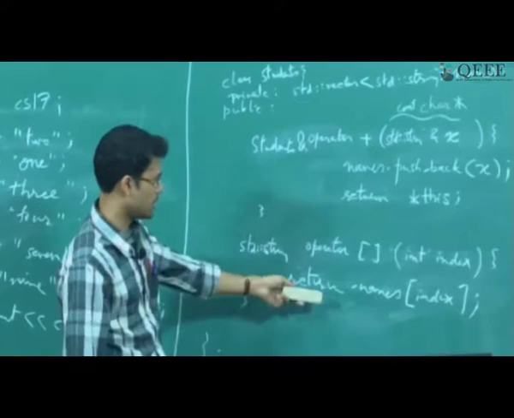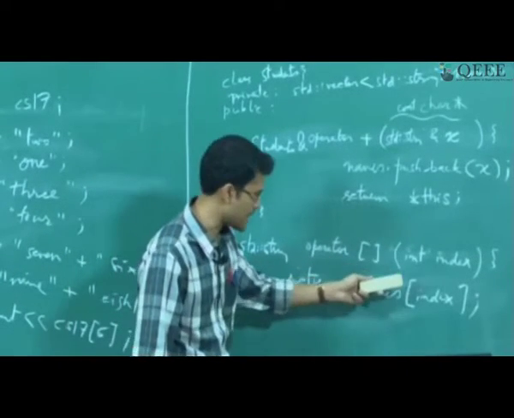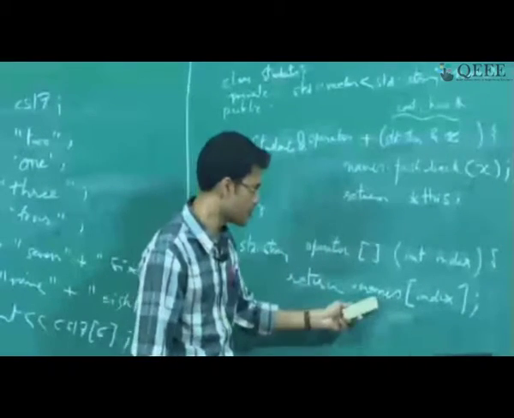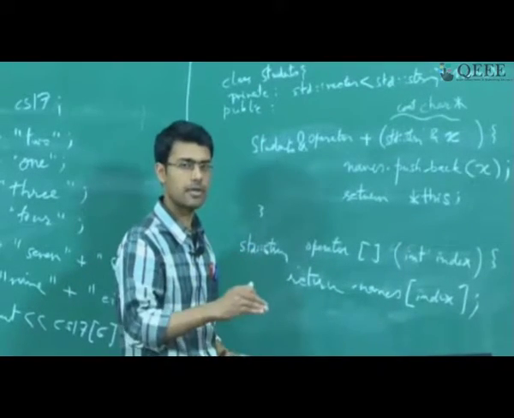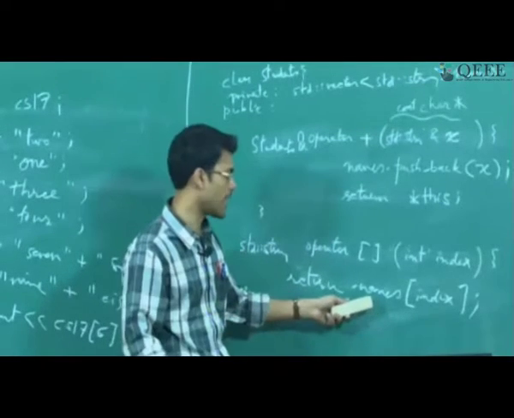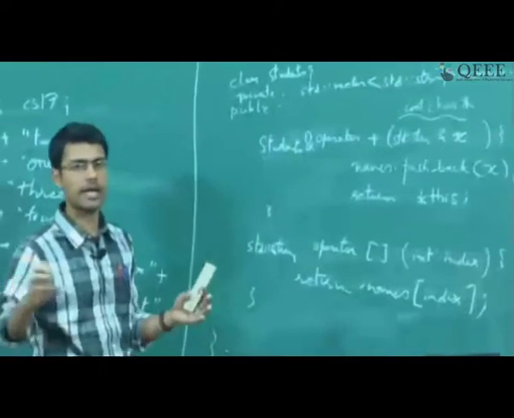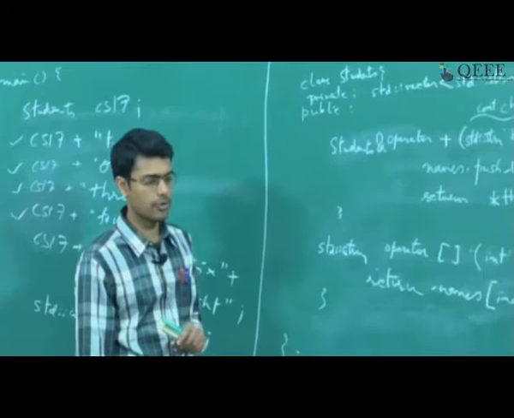Alright, so this subscript operator is going to get translated from student's subscription to vector subscription, which internally in the implementation of the subscript operator inside vector is going to be implemented as array of index, because inside the vector the elements are also stored as arrays. Alright, so this part seems to be okay.